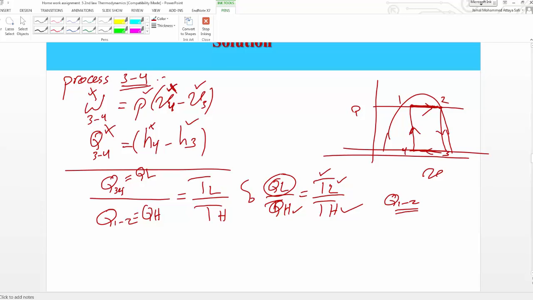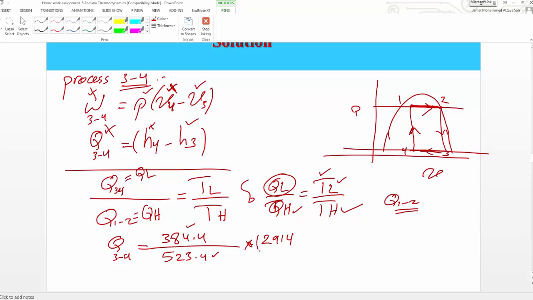So now I have three equations with three unknowns. That, of course, would be easy to calculate. So Q 3 to 4 is actually 384, just putting some numbers here, divided by 523.4, and that is multiplied by 2914. This is QH. So these are temperatures in Kelvin, as you see.